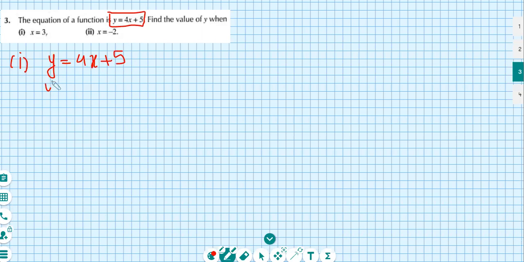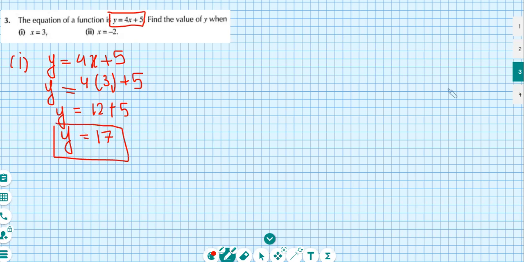So when x equal to 3, we insert the value 3 instead of x. So y will become 4 times 3 is 12 plus 5, or y equal to 17. So this is our answer.